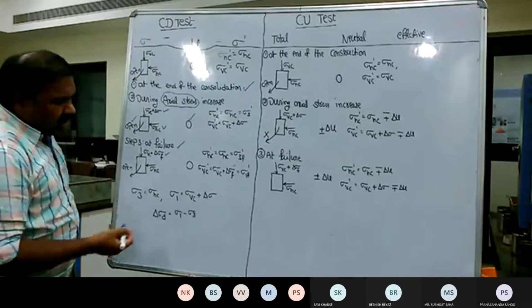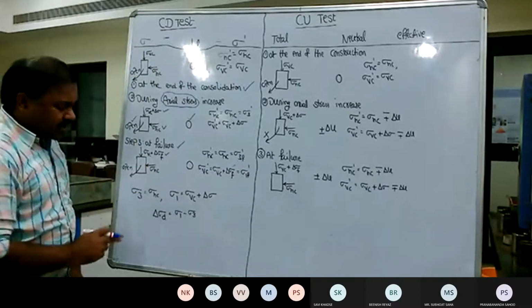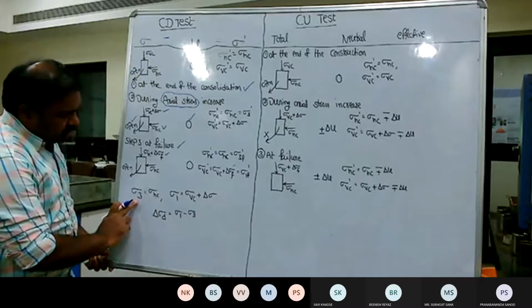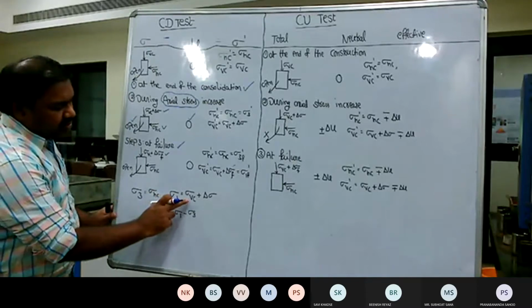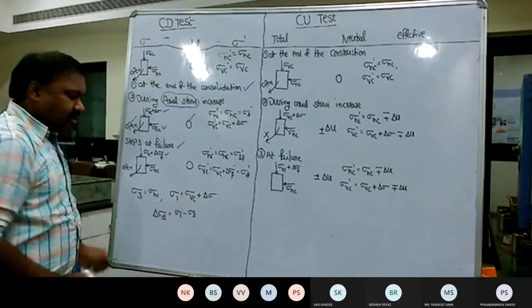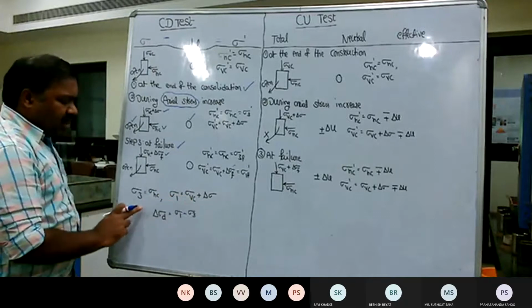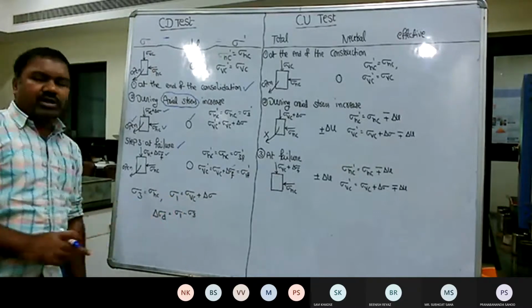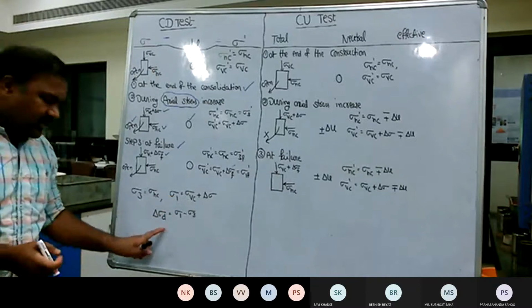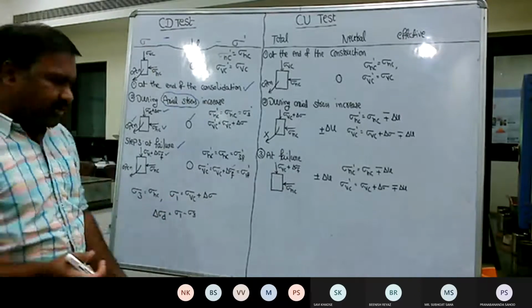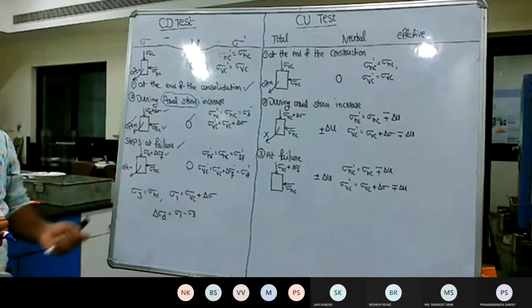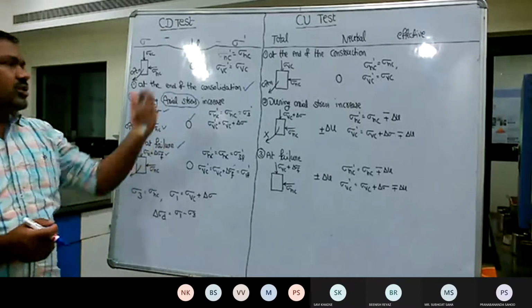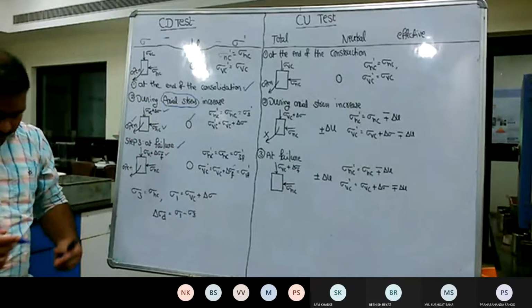Now from here, if you want to write in terms of the principal stresses, sigma 3 is equal to sigma hc, and sigma 1 is equal to sigma vc plus delta sigma, and the difference of sigma 1 minus sigma 3 is normally designated as the deviator stress. So this is a small summary about the consolidated drained test.